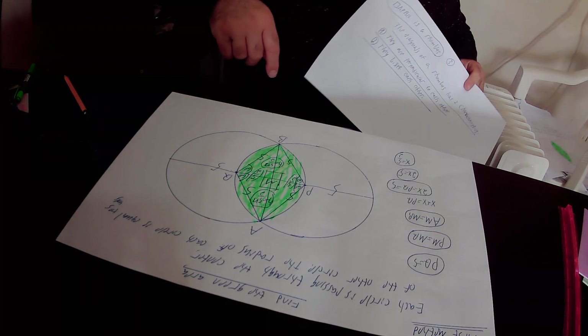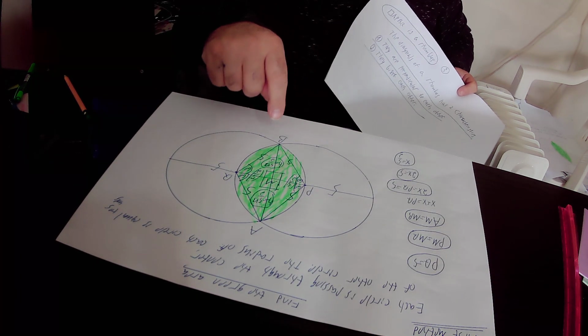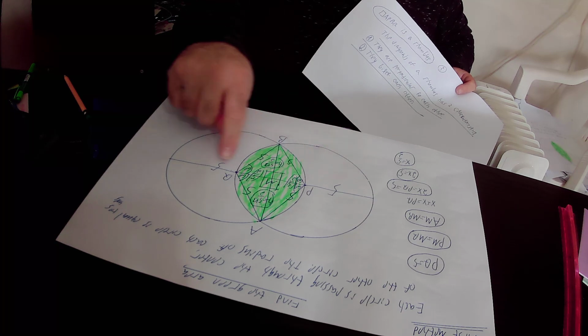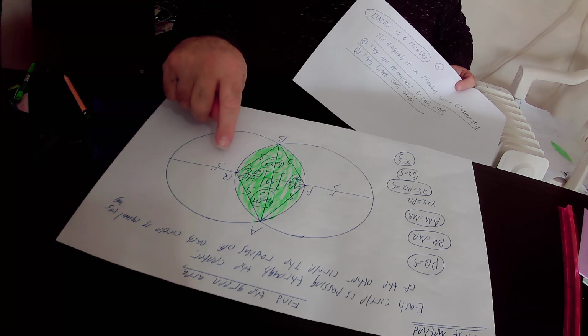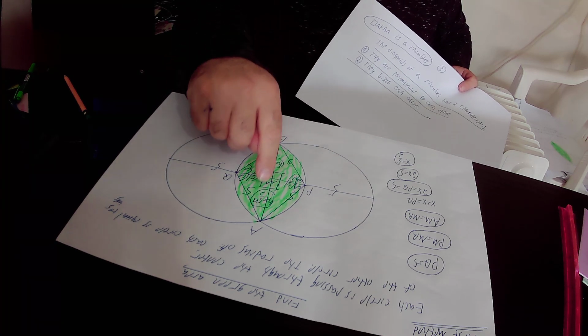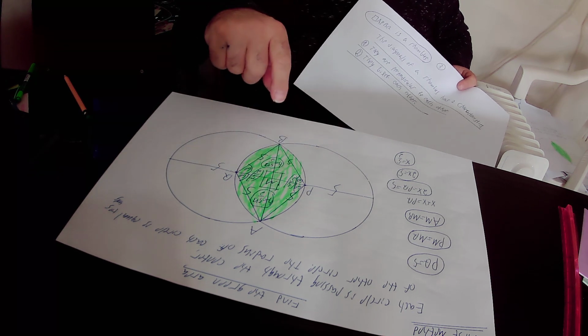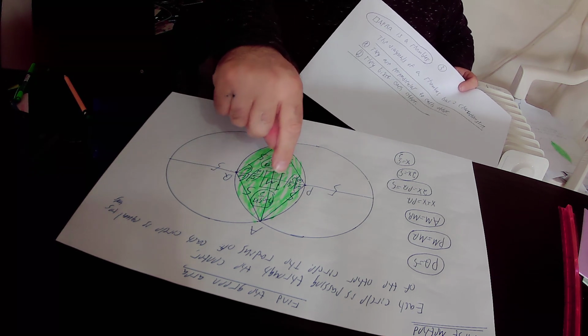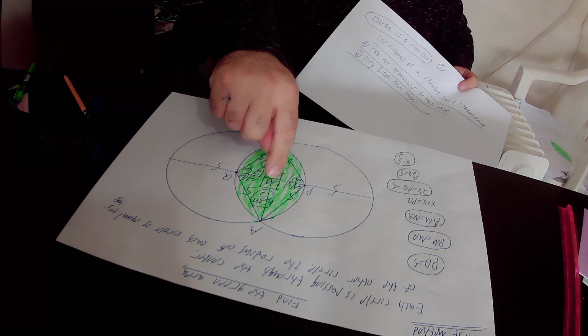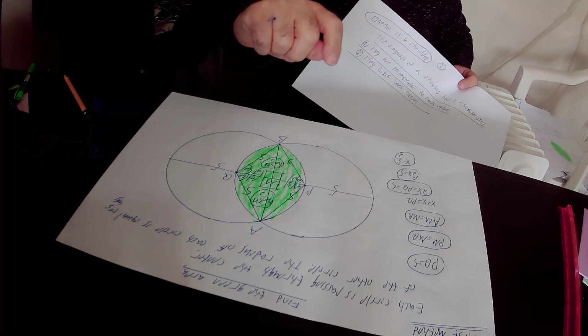That is to say, the diagonal AB is perpendicular to the diagonal PQ, and the diagonal PQ is perpendicular to the diagonal AB. What does it mean? It means that all four angles here around point M are right angles.